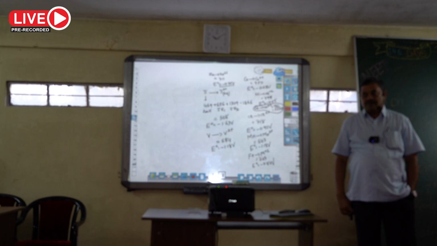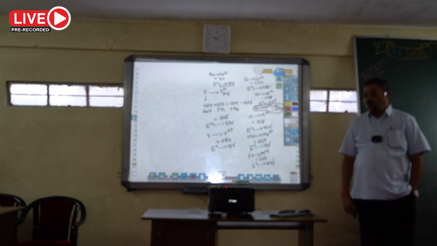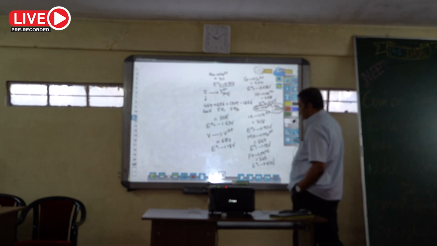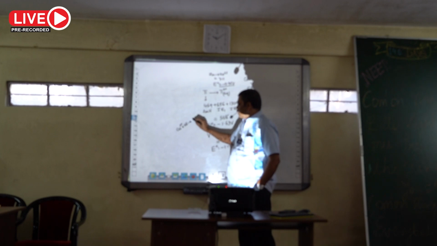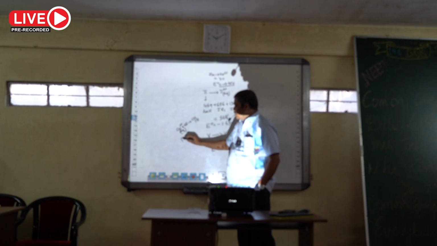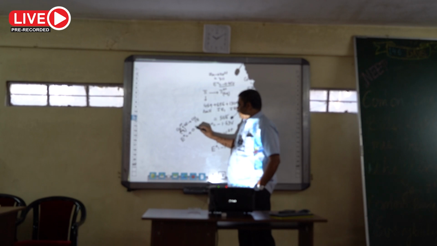In case of Cu2 plus plus 2 electrons giving Cu, E naught is equal to plus 0.34 volts.